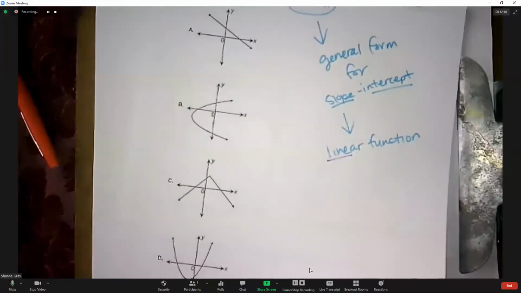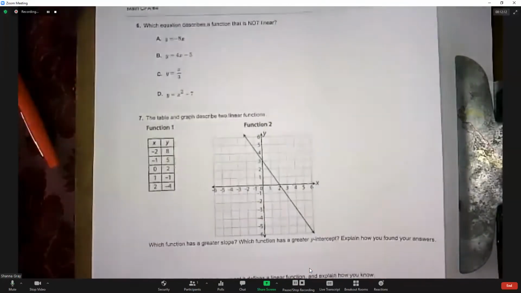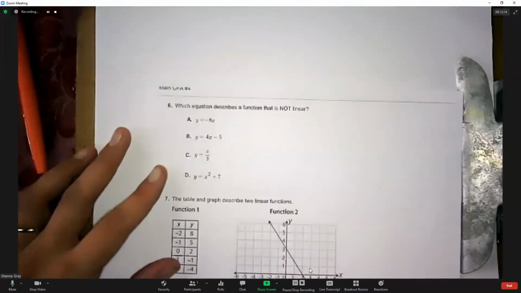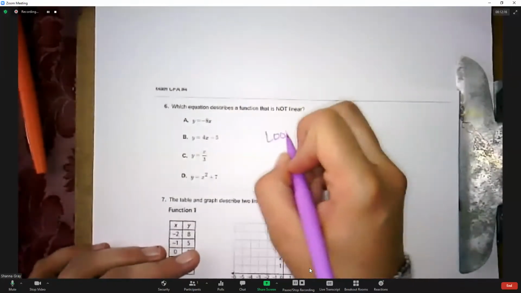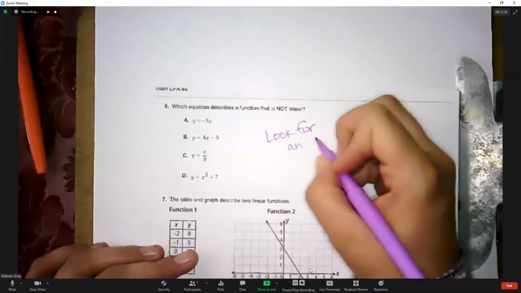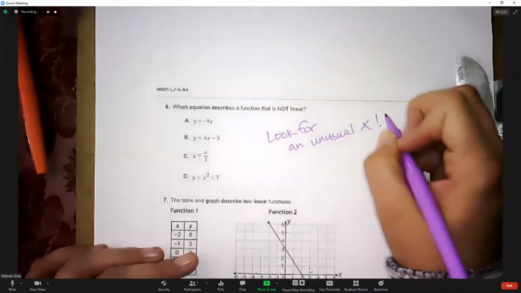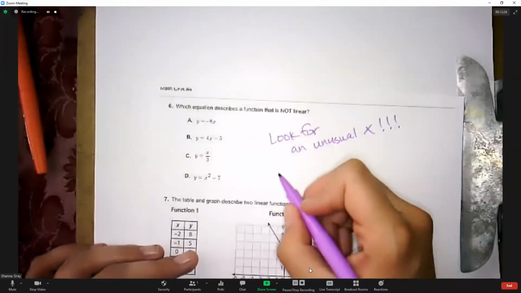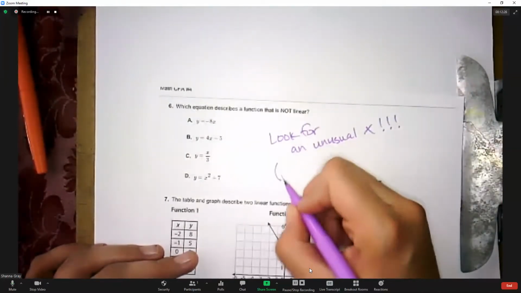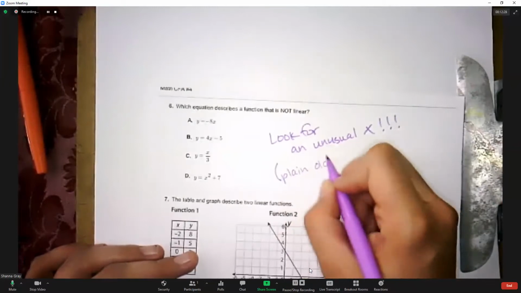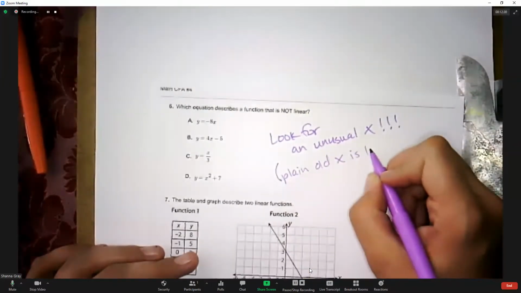Hopefully this will help. All right, which one's not linear? Look for an unusual x. A plain old x is linear.